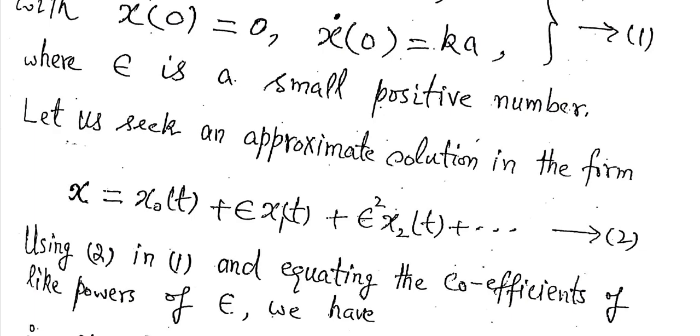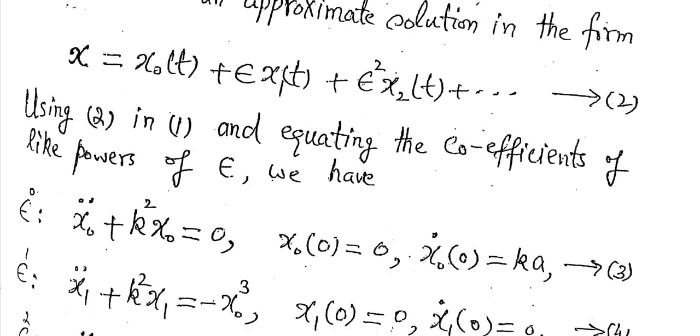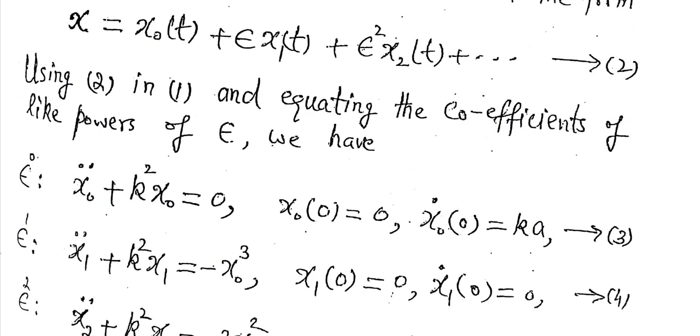Now putting equation number 2 in equation number 1 and equating the coefficients of like powers of epsilon, we have three systems.